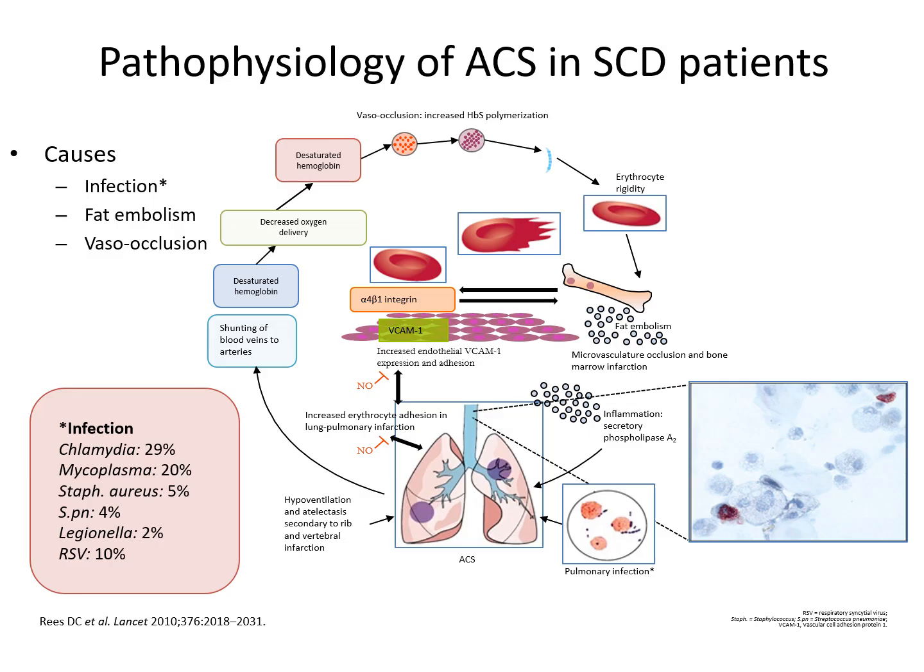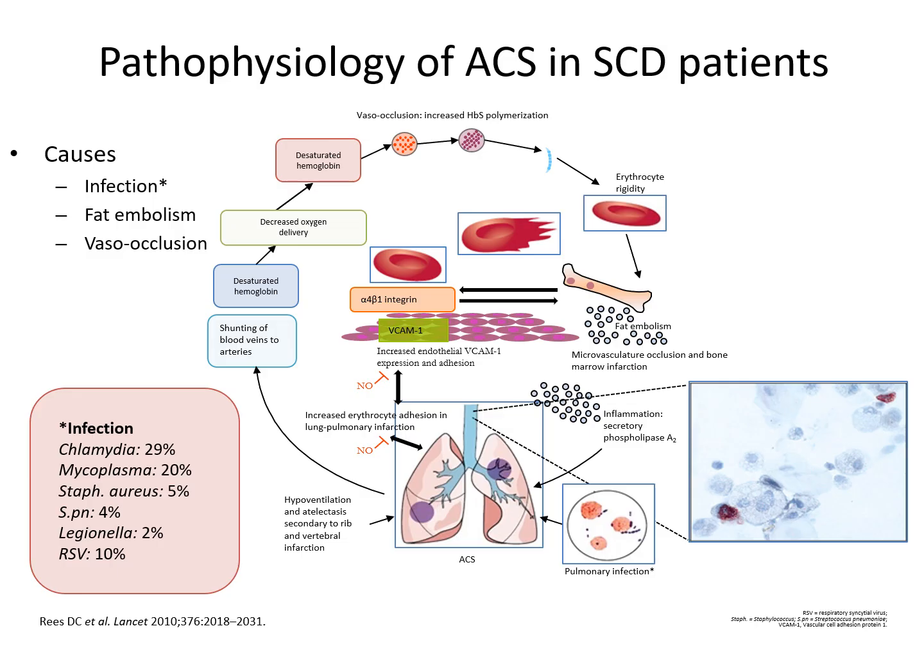But once this is set in place, there is a vicious cycle that develops. Let's say there is infection, pneumonia, vaso-occlusion, hypoxia, more vaso-occlusion, and occlusion in the bones, and fat embolism, and so on. So this is really a serious complication.